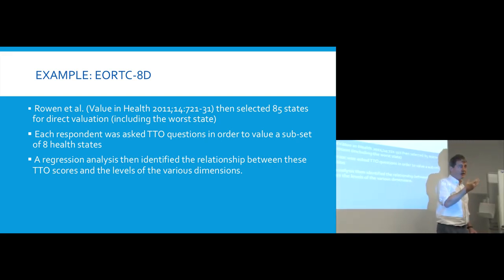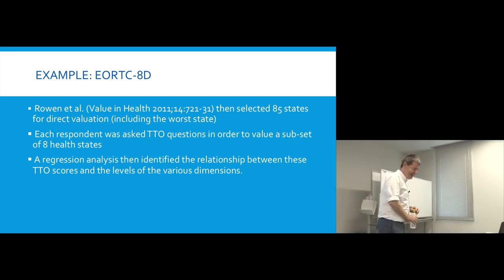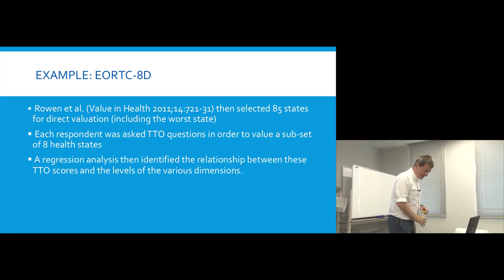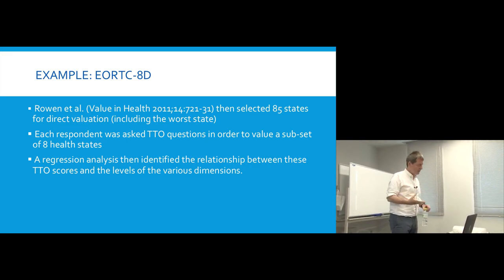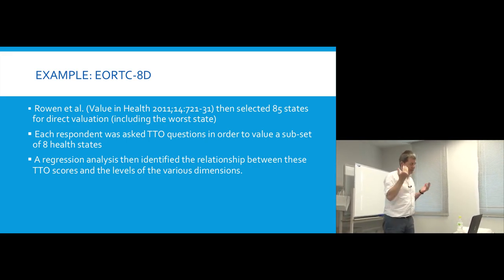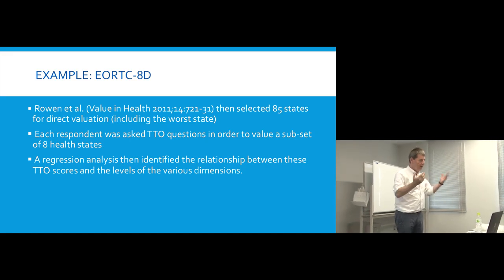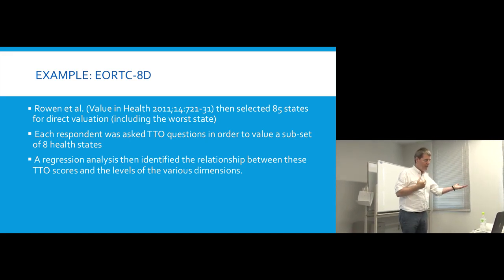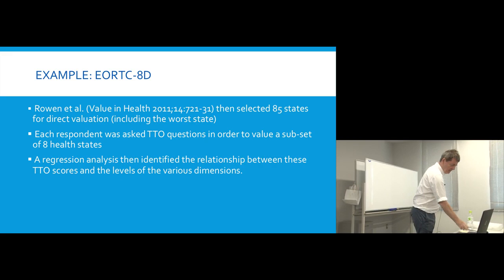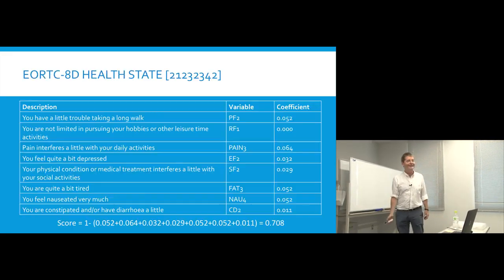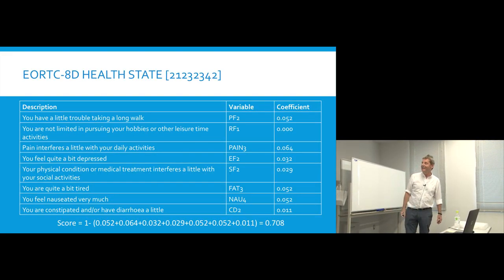So 8 of these EORTC8D descriptions. And then they do a regression analysis of the responses, trying to explain the numbers that people gave in terms of what level each dimension was at. Again, an additive model.